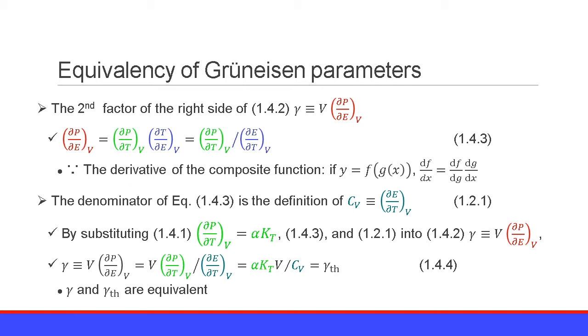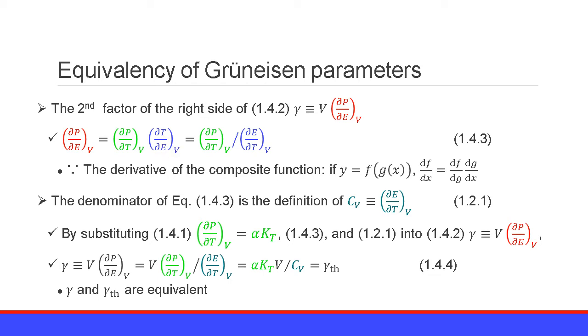The right side of Equation 1.4.2 without the volume V is the partial derivative of the pressure P with respect to the internal energy E at constant volume V, which is equal to the partial derivative of the pressure P with respect to the temperature T at constant volume V times the partial derivative of the temperature T with respect to the internal energy E at constant volume V.